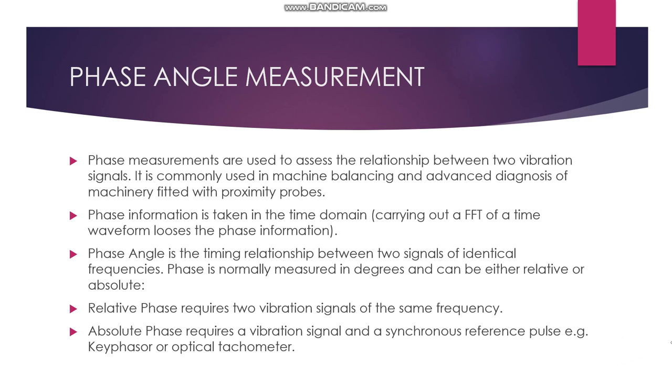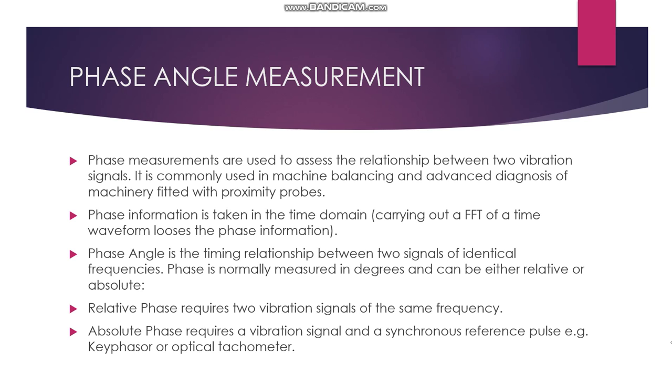Phase information is taken in the time domain; carrying out an FFT of a time waveform loses the phase information. Phase angle is the timing relationship between two signals of identical frequency.